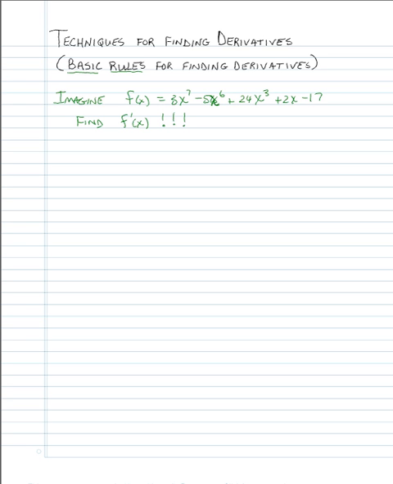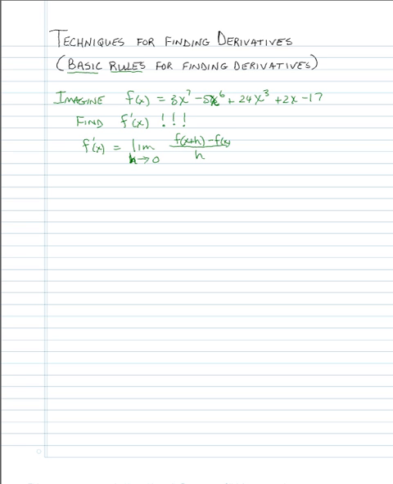When we start beginning to think of that, we understand that to find f prime of x, that's a limit as h approaches 0 of the fraction f of x plus h minus f of x, all divided by h.